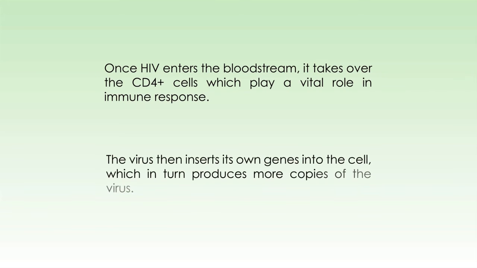The virus then inserts its own gene into the cell, which in turn produces more copies of the virus. Further, the amount of the virus in the blood increases and the number of healthy CD4 plus cells goes down. And the destruction of CD4 plus cells interferes with the body's ability to fight off infections, cancer, and other diseases.